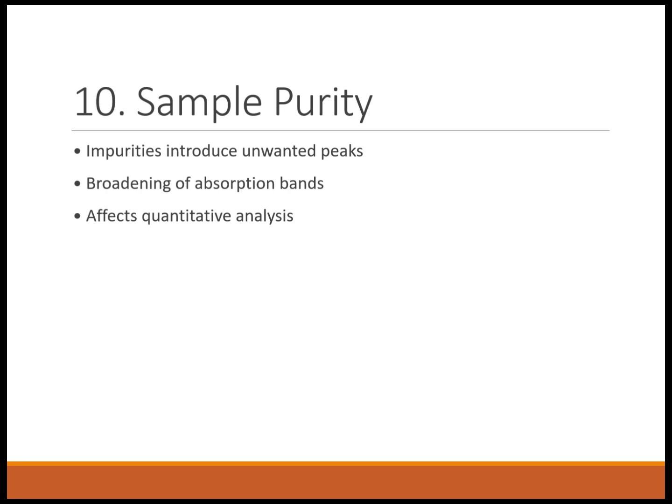Sample purity is also very important, as impurities introduce unexpected absorption bands and broaden existing peaks. Even small impurities can cause major changes in lambda max. High sample purity is essential for accurate UV visible analysis.